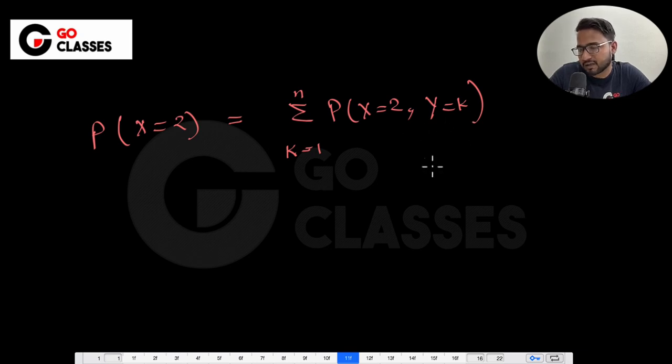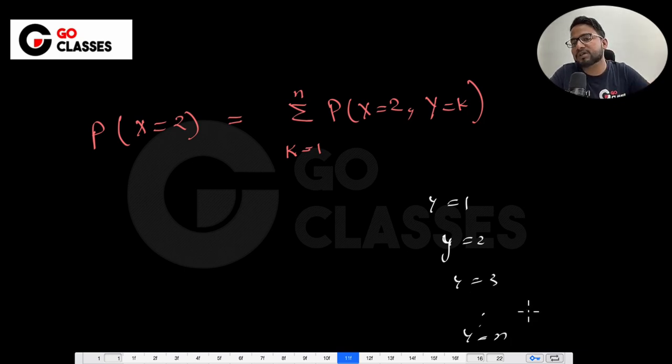And as I will tell you in random variables, all the possible values of any random variable make a partition. Every individual value is one event, and these events are mutually exhaustive and mutually disjoint also.